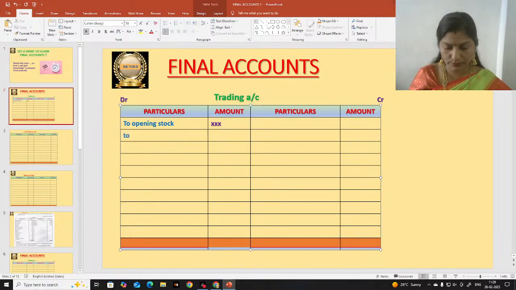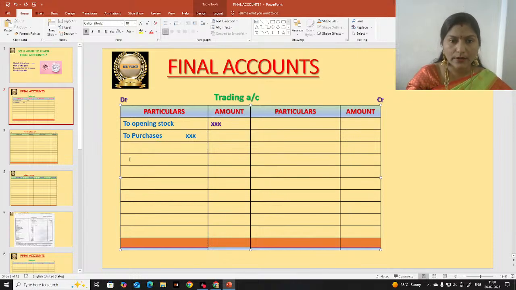Whatever we write on the debit side, we should start with To. So To, with T always a capital letter. To purchases, and this amount we write inside only. Whatever purchases we have, you write inside. Inside, you show that amount whenever you record any solution.